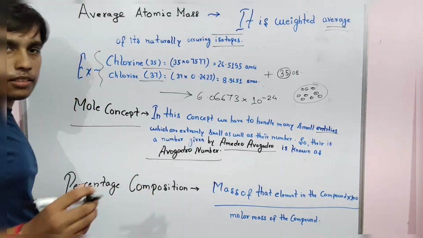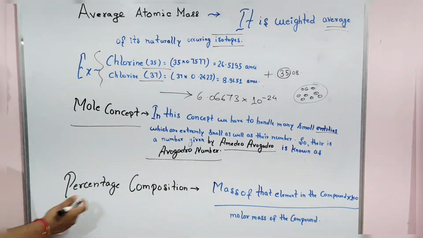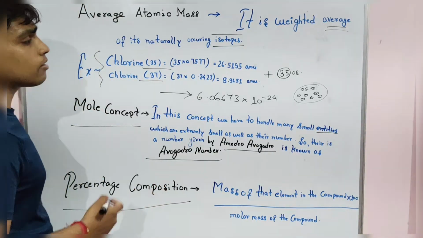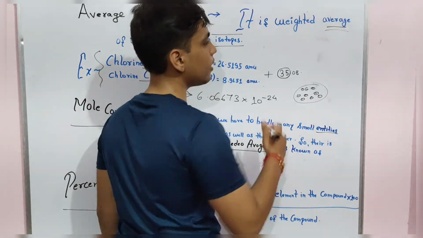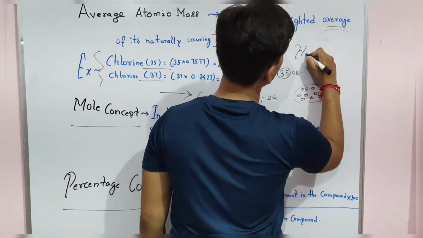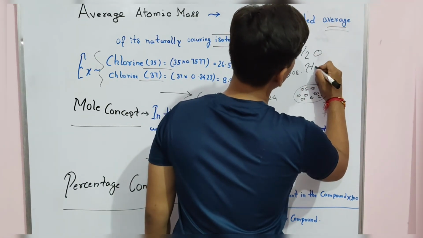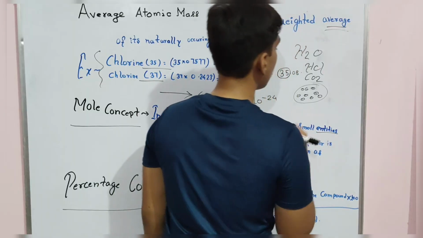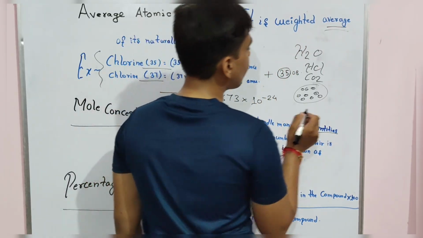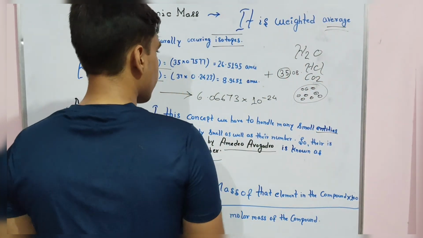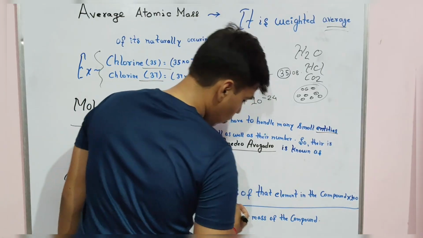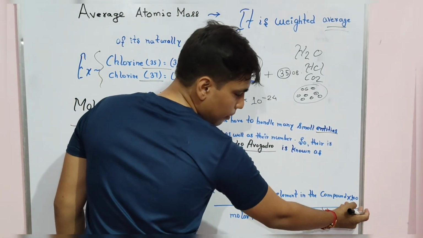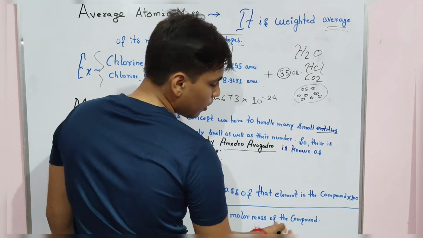Like we have our third basic concept, percentage composition. Percentage composition is necessary to know, because if we have water, HCl, carbon dioxide, or something else, we have to find the percentage of each element. The formula will be mass of that element in the compound multiplied by 100 upon molar mass of the compound.